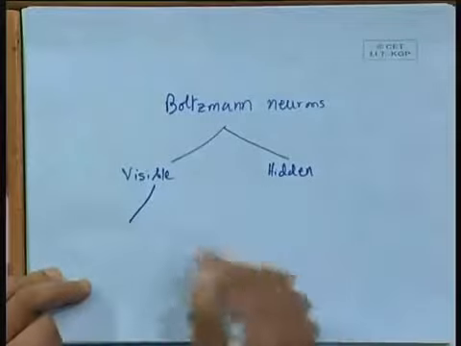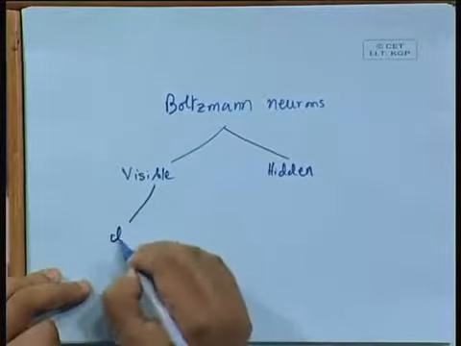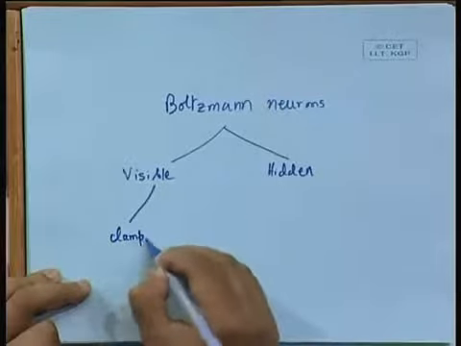And when it comes to the hidden neurons, there is no question of specifying constraints, because the hidden neurons do not take part in the output. So the hidden neurons should always be free. So there is another classification we are doing: the visible neurons we are classifying into two groups.